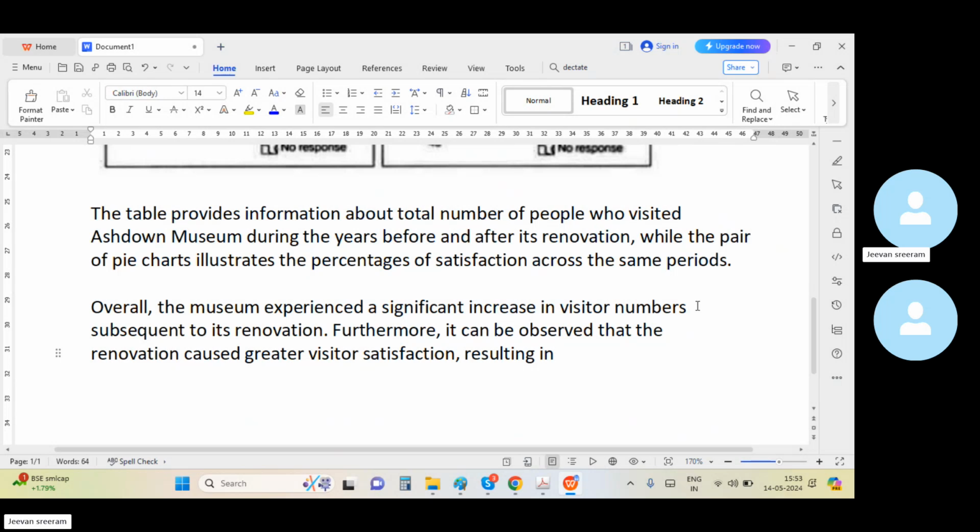Resulting in, if they are more satisfied, more number of people flood to the Ashdown Museum, resulting in higher volume, I mean, higher volume of visitors or visitants or attendees. You can even mention attendees. Higher volume of attendees.